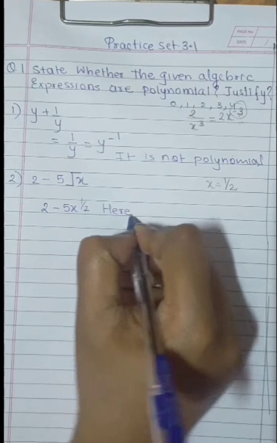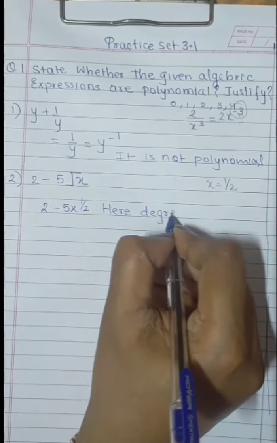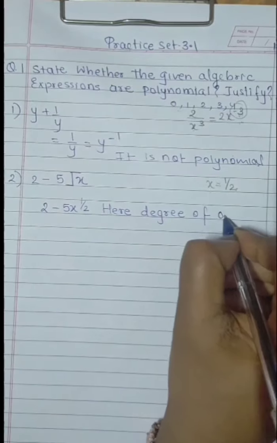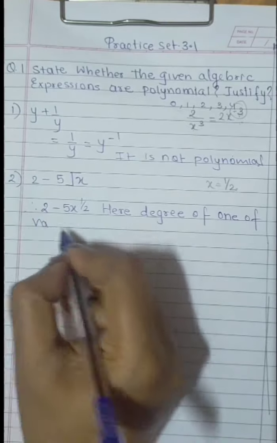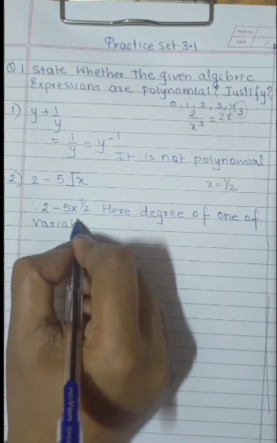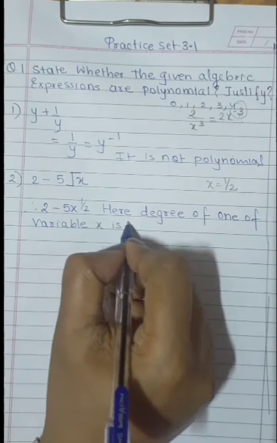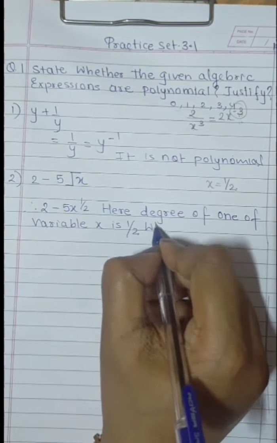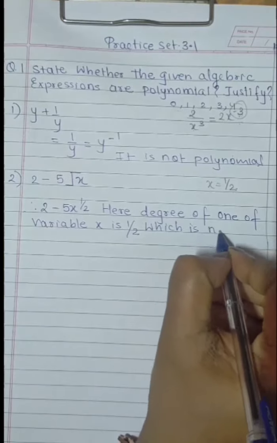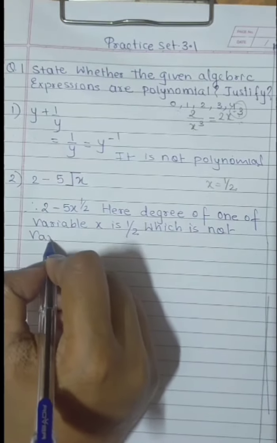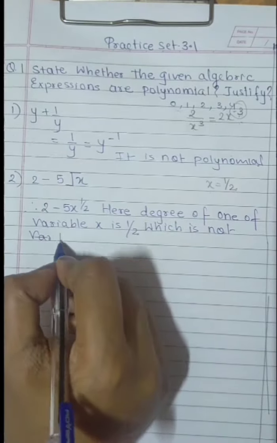Here the degree of the variable x is half, which is not a whole number.